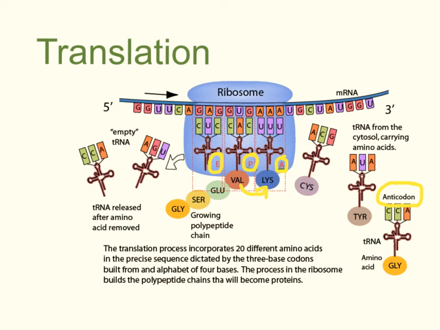This allows for a new tRNA to bind to the A site. This process continues, building the amino acid chain until the stop codon is reached. There is a short video posted in Blackboard under the Unit 4 folder which illustrates how this process works.